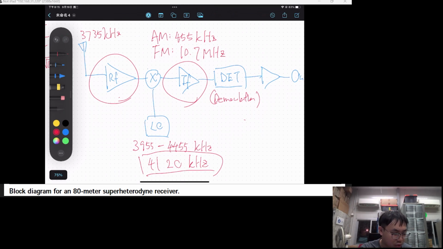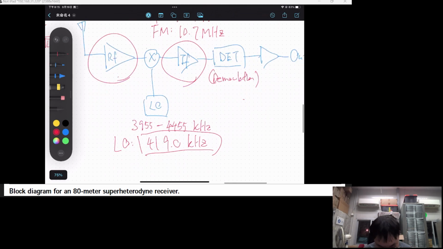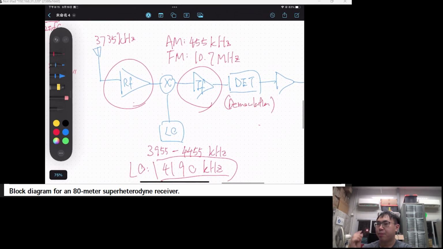Never mind, I can just use the calculator. Oh, really? I did the math wrong. So the local oscillator is working at 4,190 kilohertz now. So by taking the difference between LO and the antenna, you have 455 already.